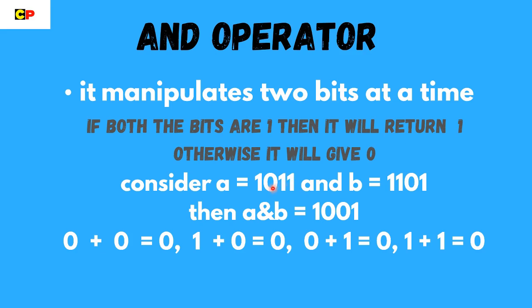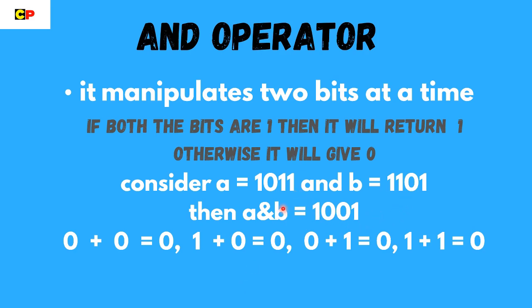So how will it work? The first bit is 1 for A, and for B also 1. So 1 and 1 will give 1. Then next is 0 and 1. 0 and 1 will give 0, as we know that it will give 1 only if both the bits are 1. Then next 1 and 0, again it will give 0, and at last again 1 and 1, which will give 1.